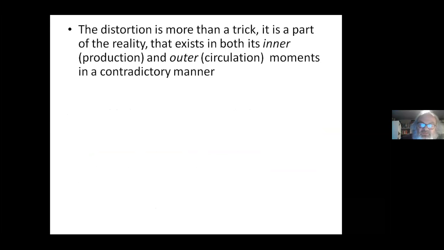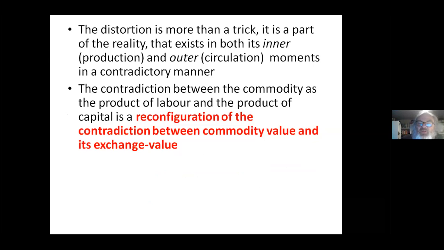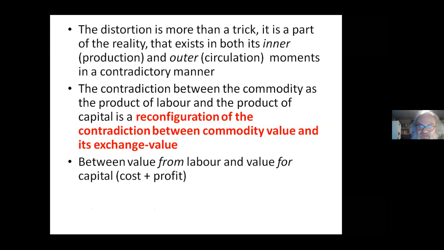It's how the inner nature of value production appears in the capitalist mode of production, and they're in contradiction with each other. There's a contradiction between value and exchange value. The contradiction is because the commodity is a product of capital as well as a product of labor. And it's a reconfiguration of our hitherto understanding of how commodity value is expressed as exchange value.